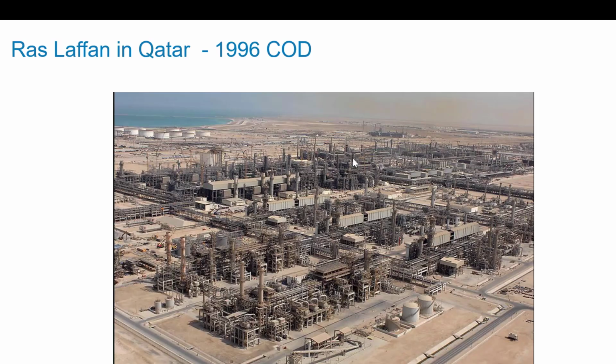Okay, so I'm going to go through one more little case study. This is my argument for why project finance can be a success. This is Ras Laffan, in Qatar.